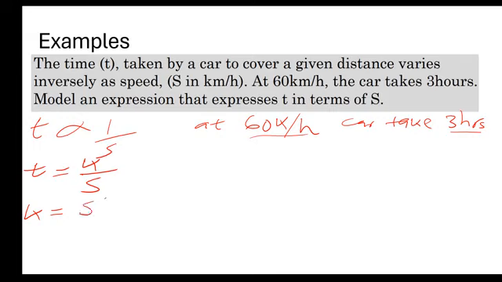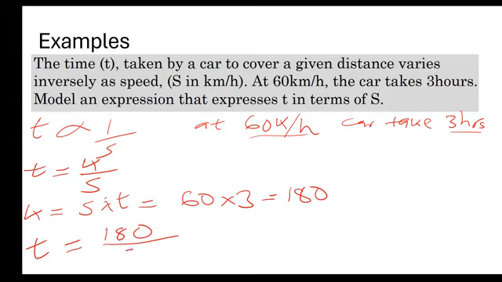Remember, we are given speed as 60 km per hour, time as 3 hours. So it will be 60 times 3, that will give us 180. That's our constant. So our expression in this case is t equals k, which is 180, divided by s. So we have expressed time t in terms of s by knowing the constant.